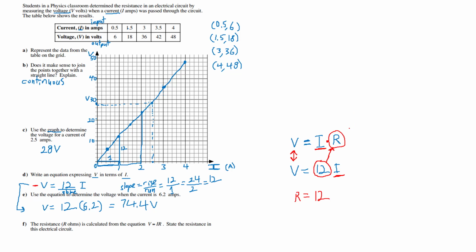If we wanted to get fancy, we could also rearrange this formula to solve for R. Some people like doing it this way. Could just divide by I on both sides.